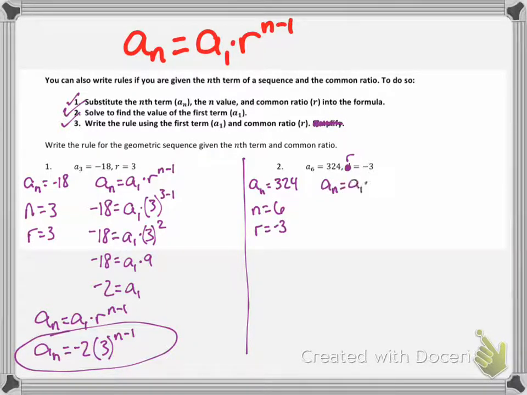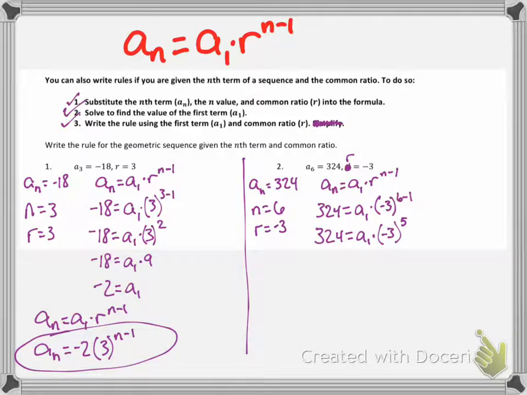So once again, we're going to plug in what we know. So it'll be 324 equals a sub 1 times negative 3 to the 6 minus 1 power. 324 equals a sub 1 times negative 3 to the 5th. This is the one place where I think it is a benefit to definitely use parentheses.